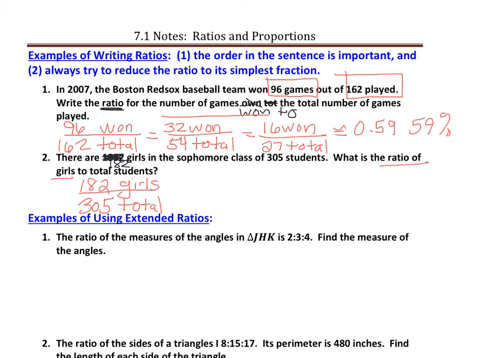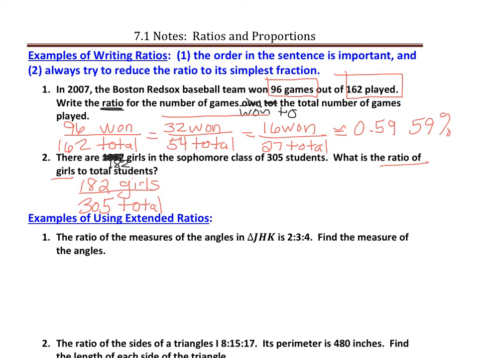If I'm not mistaken, 182 girls to 305 total is as simplified as it gets. To make sure, I would look at the number 305. It ends in a 5, so it's divisible by 5, and its factors would be 5 times 61. Both of those numbers are prime, so it's not likely that you'll find any shared factor with 182.